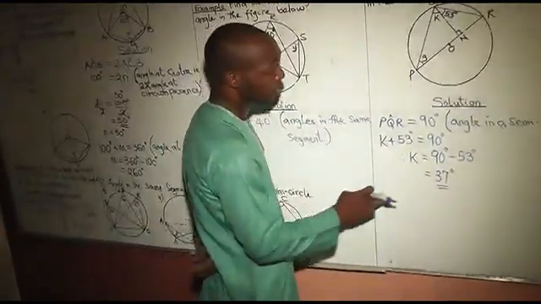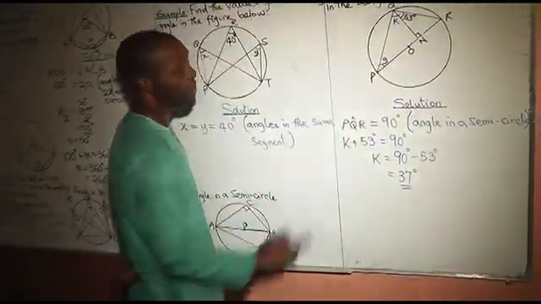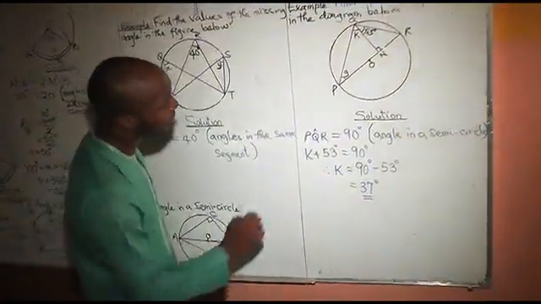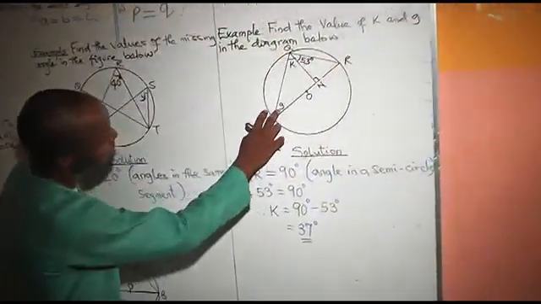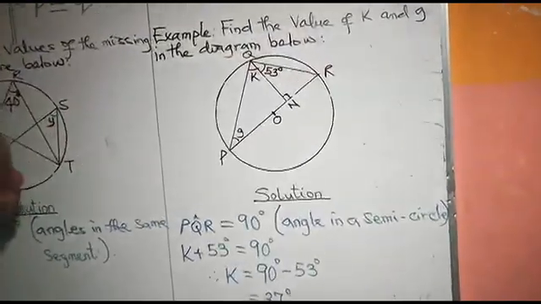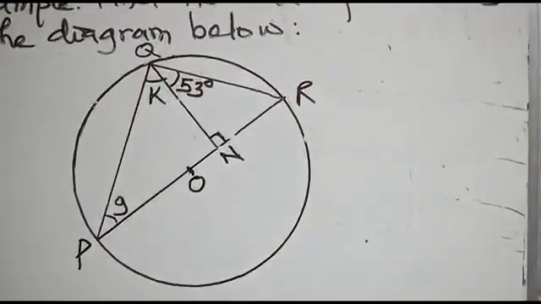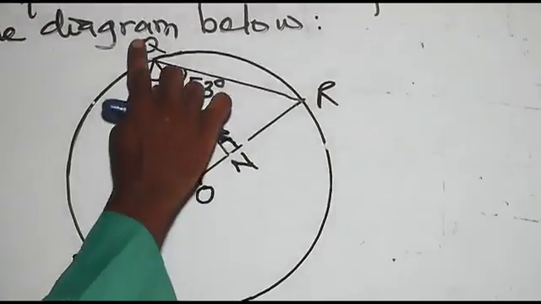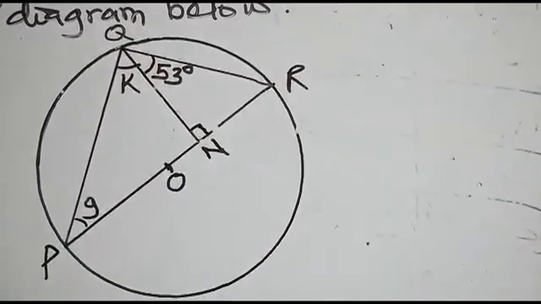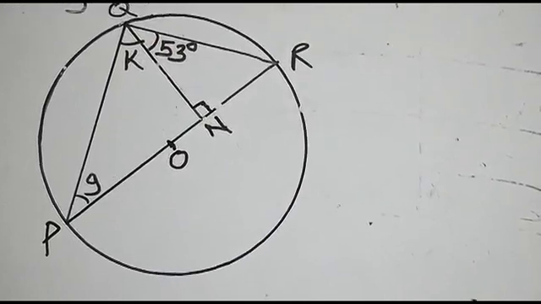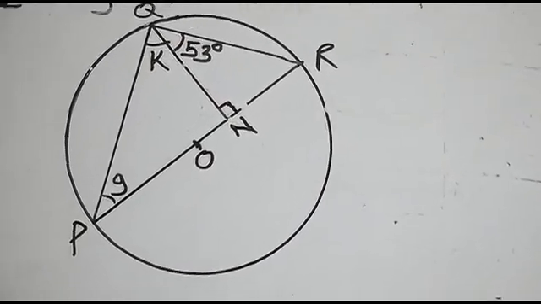Now, I want to look for the value of G. If you look at the diagram, you see that you have two triangles. Triangle PQN, which is also a right angle triangle.